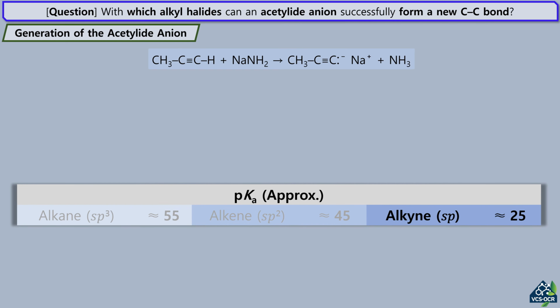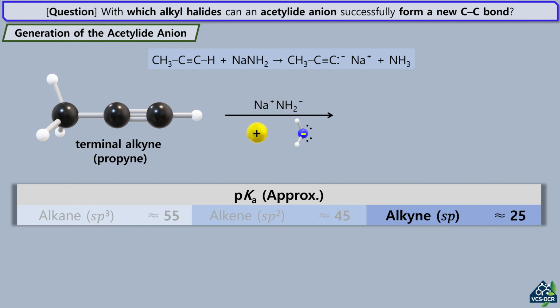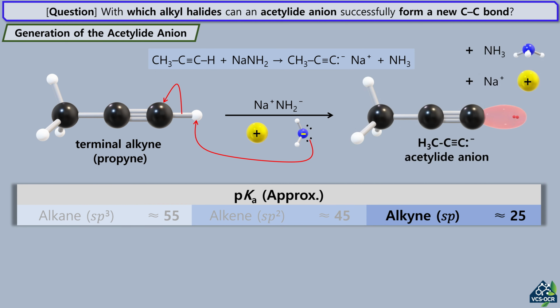Generation of the acetylide anion. The most common and effective reagent for generating acetylide anions is sodium amide, dissolved in liquid ammonia. Using propyne as our starting material, the reaction proceeds as follows. NaNH2 acts as a strong base, abstracting the acidic proton from the alkyne and generating the acetylide salt.